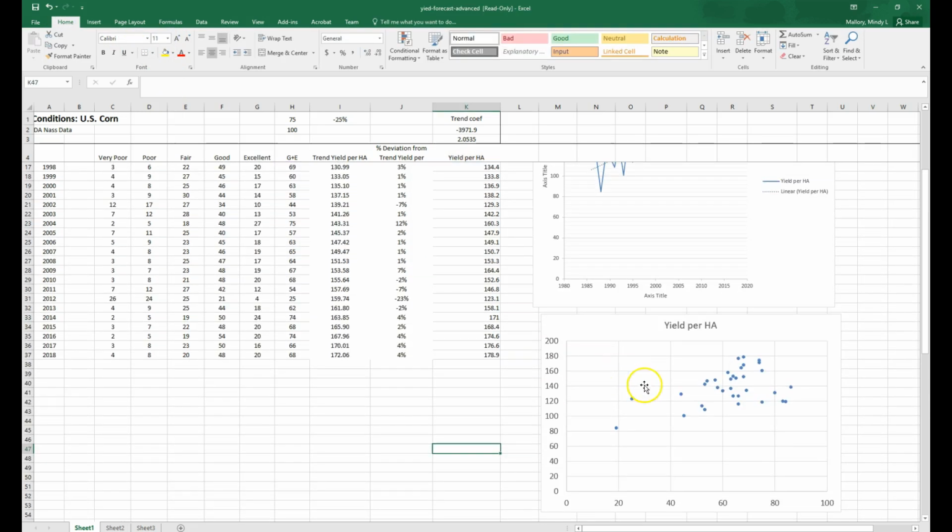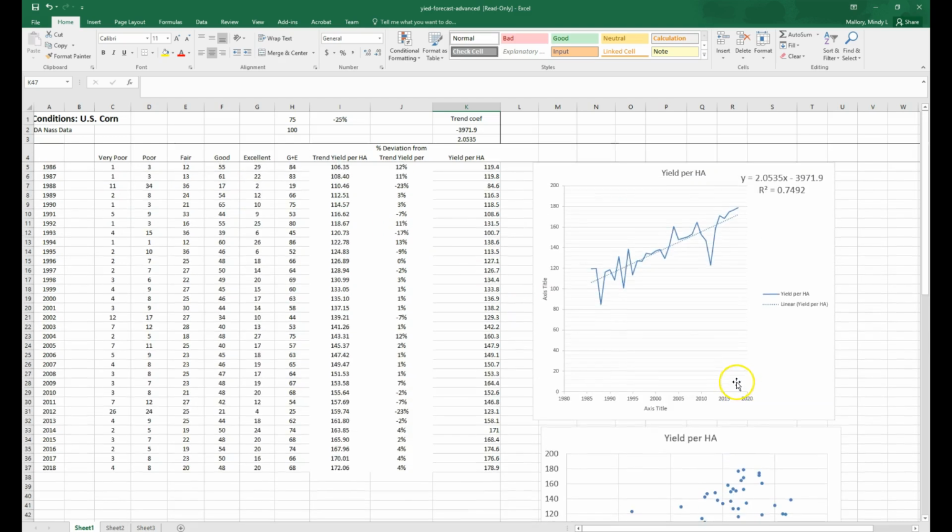Okay, so you could just go straight to trying to forecast yields from this, where you take my crop condition ratings and try to fit a trend line through here and forecast what yields are going to be based on this number, or based on some combination of these numbers. The problem with that is we see that yields are trending over time, and we talked a little bit in earlier sections about how when you're doing statistics, you need all of the data to be coming from a single distribution, and the mean of this data is clearly increasing over time.